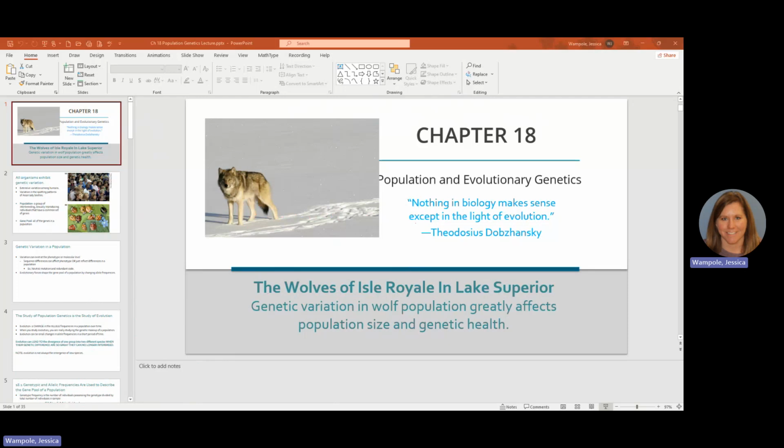So to calculate our total number of alleles, we can take our number of homozygous dominant individuals, and we know that every individual that is homozygous has two copies of that allele.